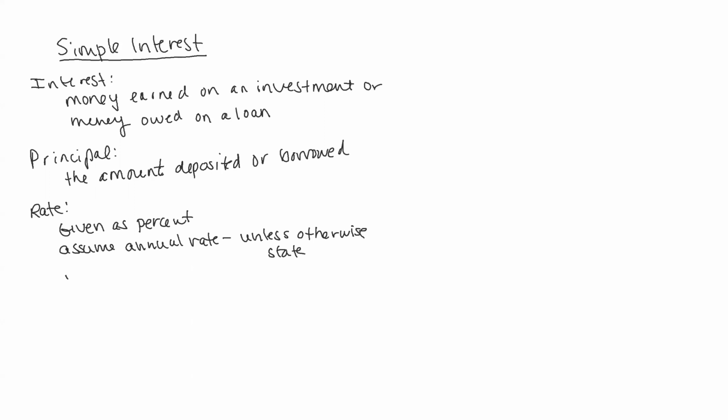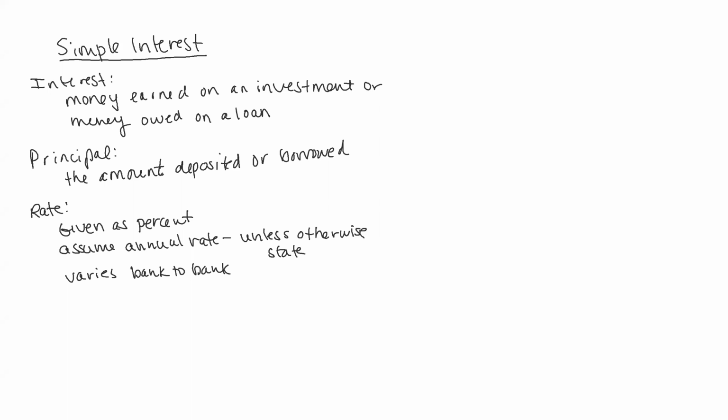It can even vary loan to loan or investment to investment. You could go to a bank and need to borrow money to buy a car, and you could have several things that impact your interest rate. So the time of the loan, for example, your credit rating, different things can impact the interest rate.